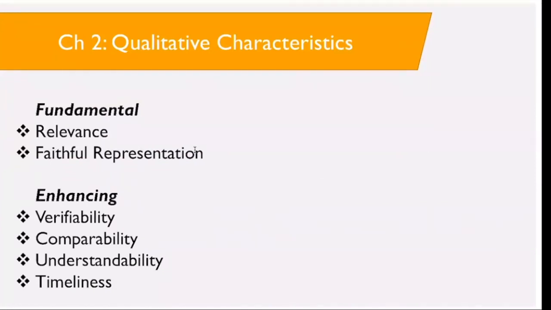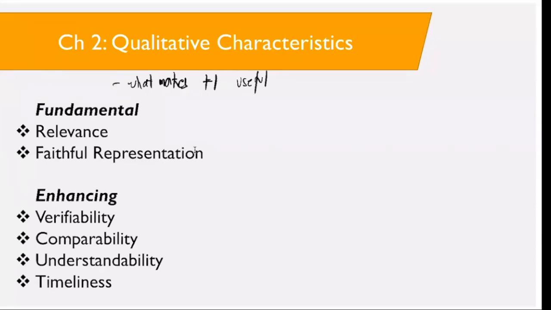In this qualitative characteristics of financial information, we need to take a look at what makes financial information useful. What makes financial information useful? So, financial information is useful if the following items are present.